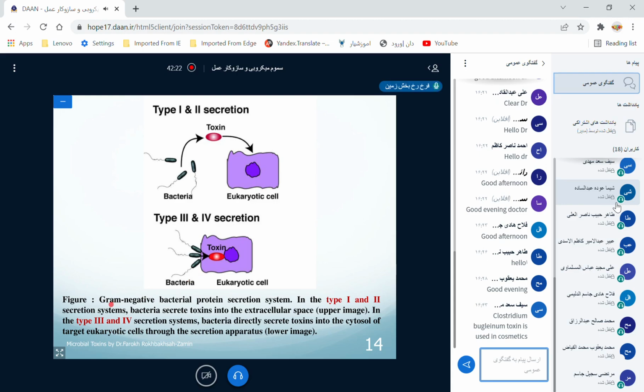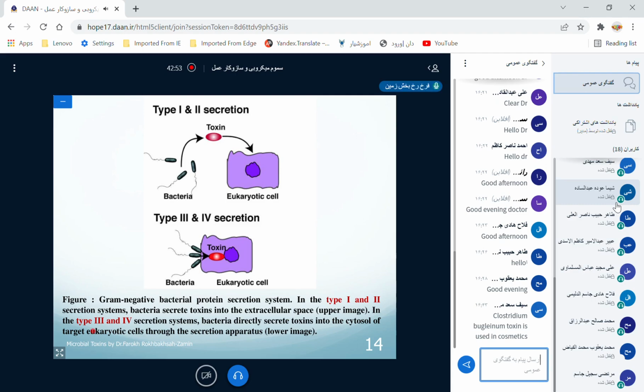The figure explains gram-negative bacterial protein secretion systems, and in general there are two types. In the type 1 and 2 secretion systems, bacteria secrete toxins into the extracellular space, as in the upper image.